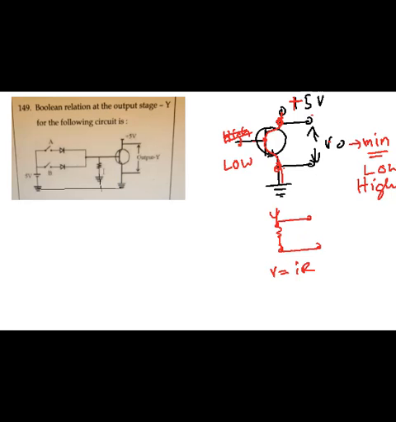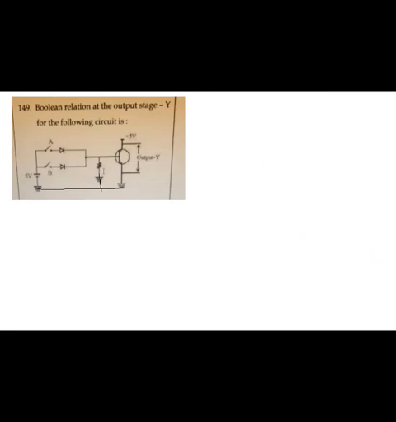So in a nutshell, I can say the working of the transistor in the circuit will be like this. If the input of the transistor is high, you can call it logical 1, then the output is low, which is logical 0. If the input is 0, output is high. So this transistor is acting like a NOT gate.